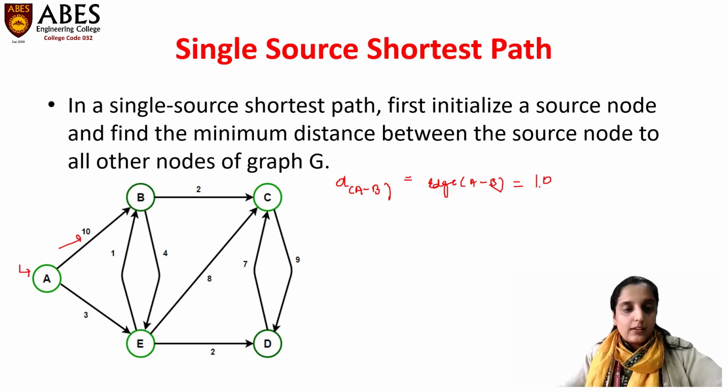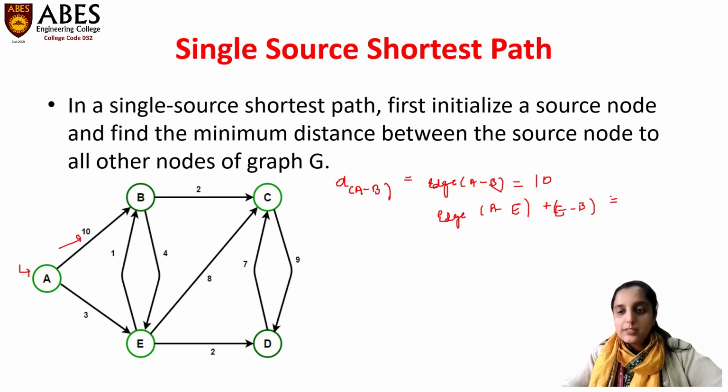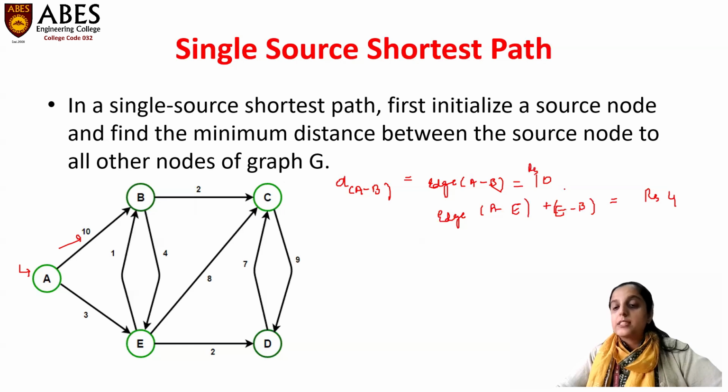No. As you can see here, if I take edge A to E plus E to B, then I have covered this distance at only rupees 4. But in my previous path, I invested rupees 10. So to travel from A to B, I have two possible paths, but the minimum one is A to E plus E to B.